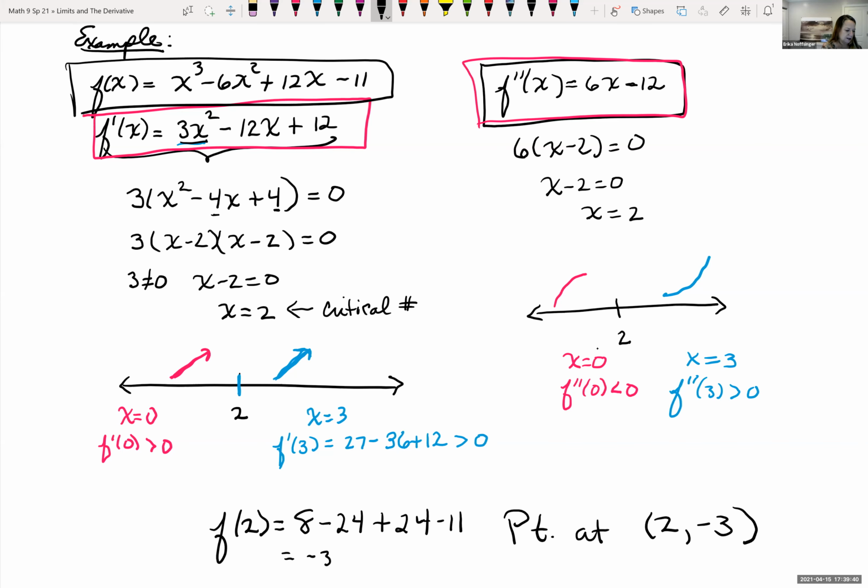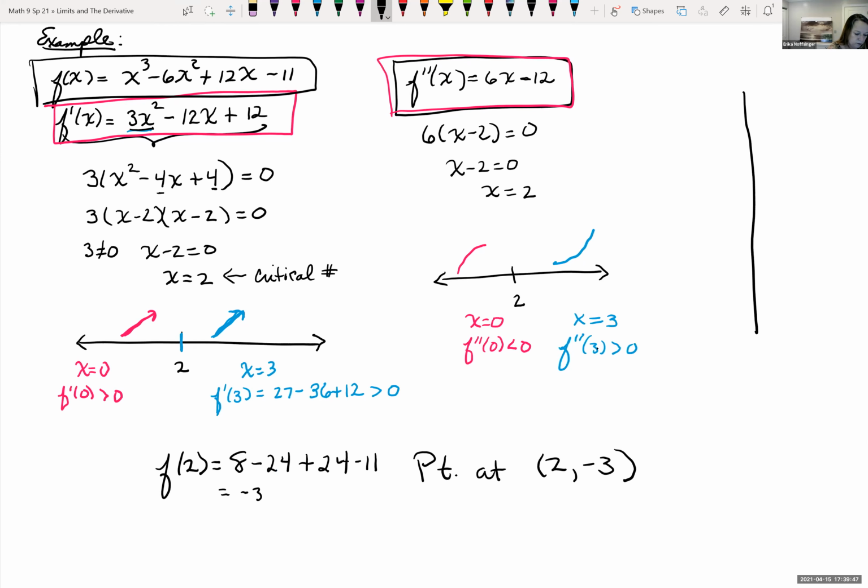So we can put this all together now. And x is 2, y is negative 3. If we wanted to, we can find intercepts. So like right here, we could figure out that we have a y-intercept at negative 11.